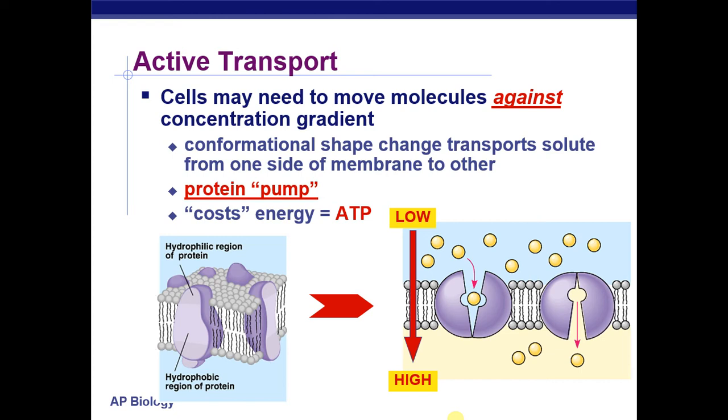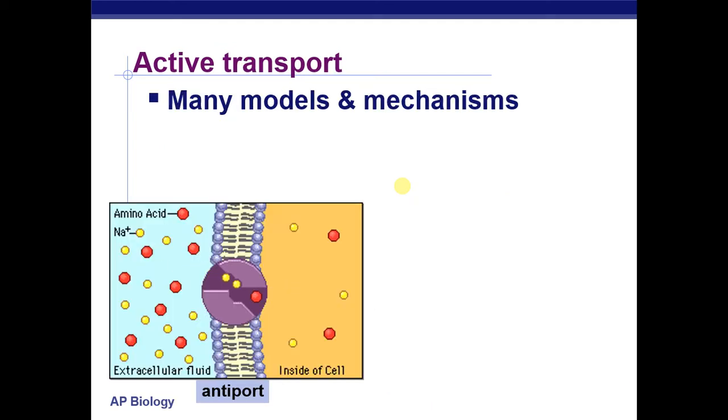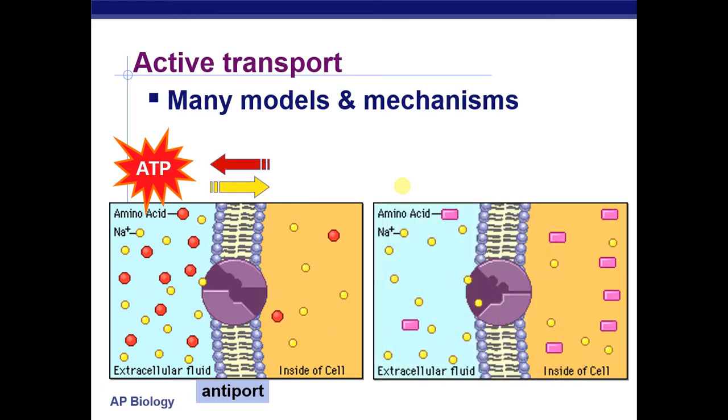As we'll talk about later, this process requires energy in the form of ATP, adenosine triphosphate, which is kind of the energy currency of the cell that you might have heard about before. All right, so there are many different models of active transport, and some of them you can see below. In each case, there's like a protein.